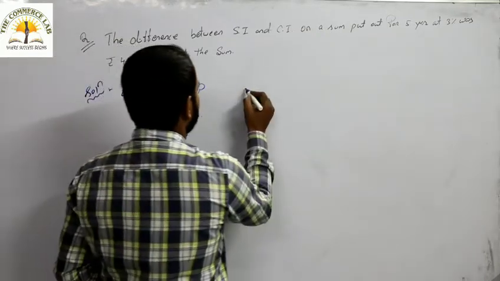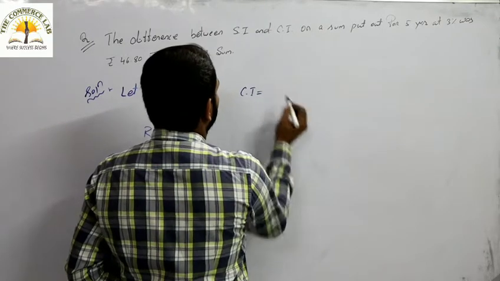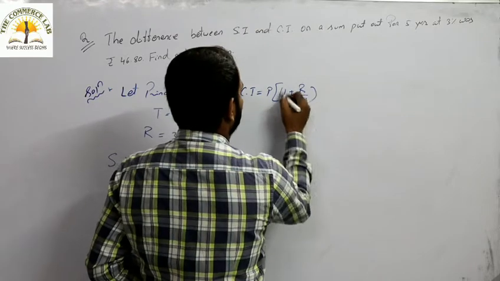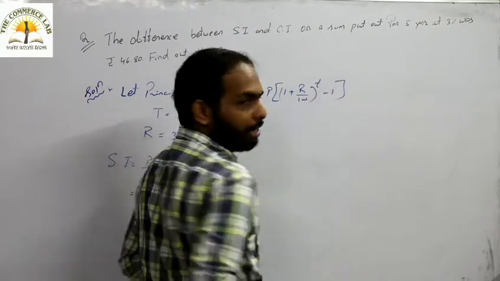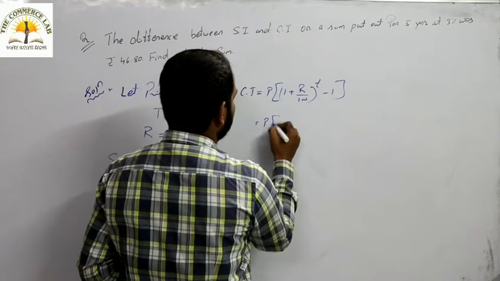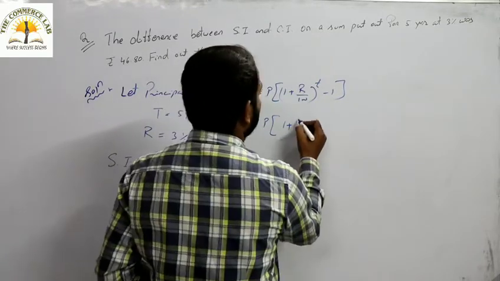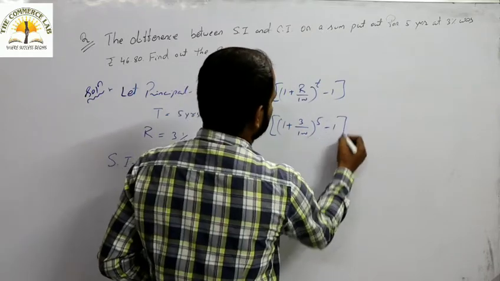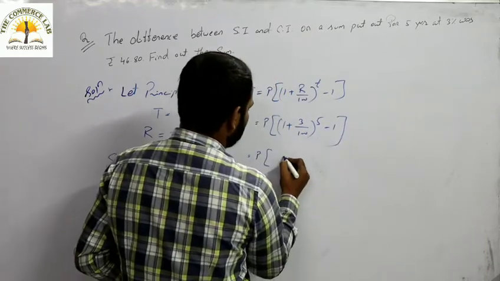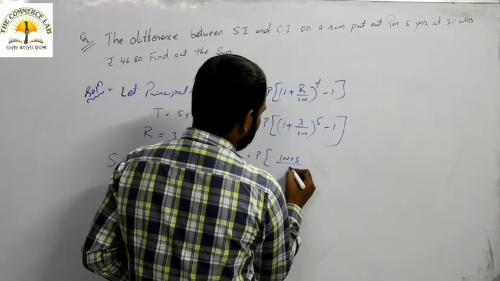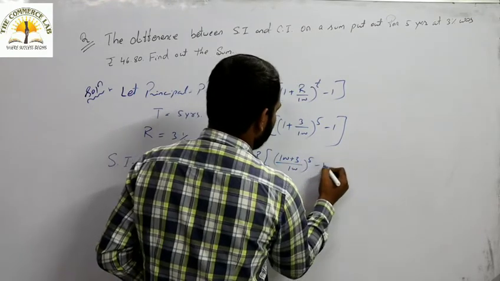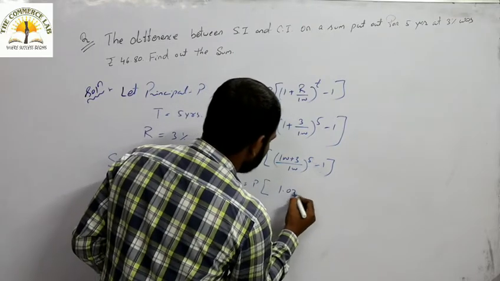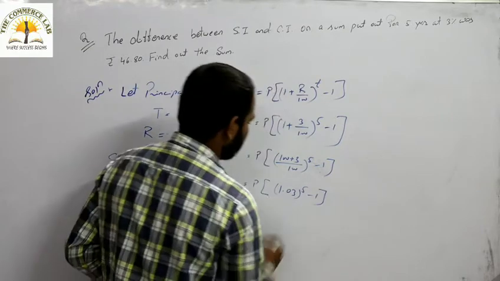Then come to the part CI. We know the formula: P into (1 plus R by 100) to the power T minus 1, equal to P into (1 plus 3 by 100) to the power 5 minus 1, P into 1.03 to the power 5 minus 1.